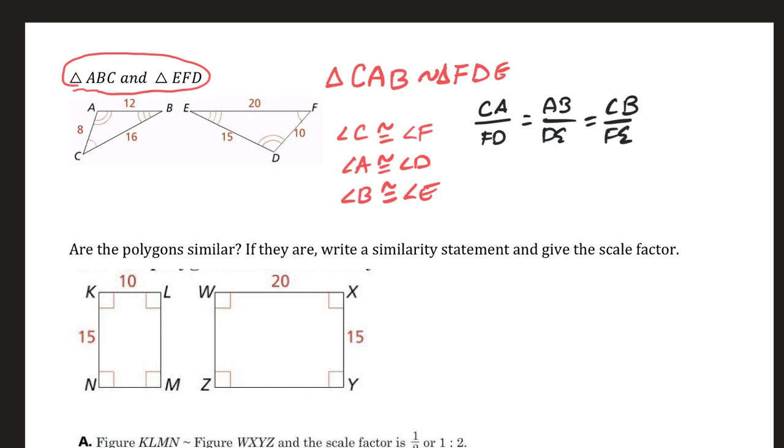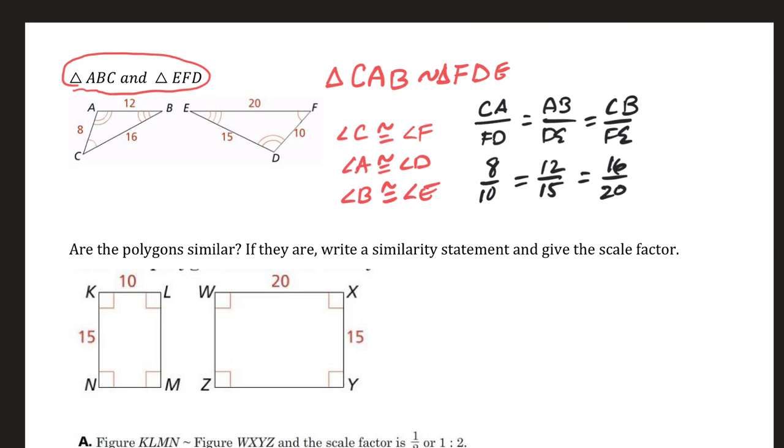The measurement of CA is 8, FD is 10, AB is 12, DE is 15, CB is 16, and FE is 20.